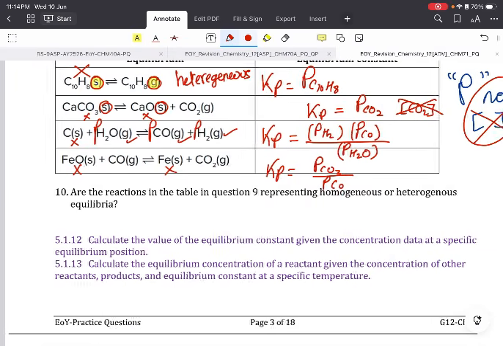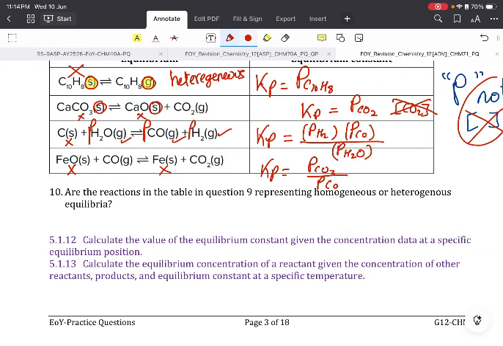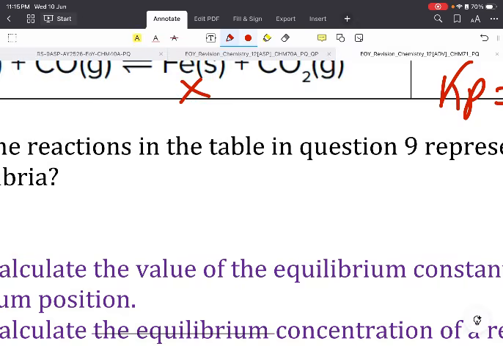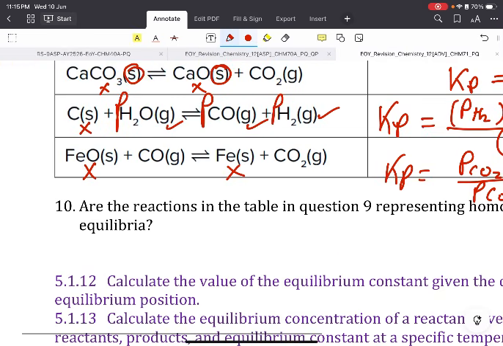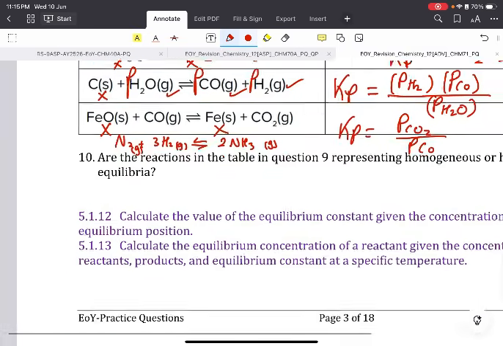Let me give you an example. Let's say I have N2 plus 3H2 giving 2NH3, and all of these are gas. And they asked us to write Kp.